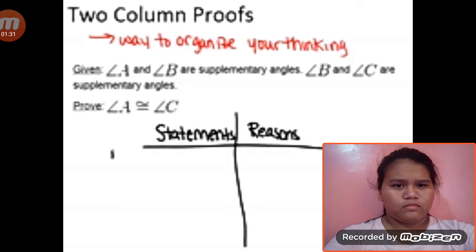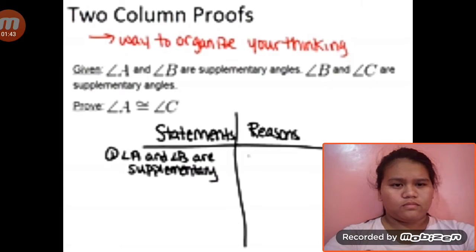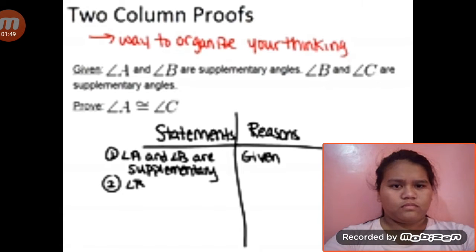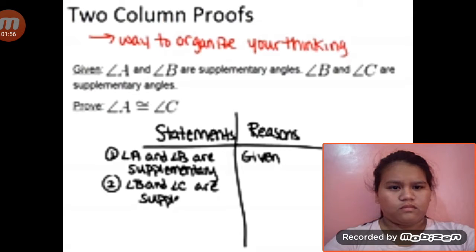Those are angle A and angle B are supplementary, and the reason I know that is because it was given. And the second thing I know is that angle B and angle C are also supplementary, and that was also given.